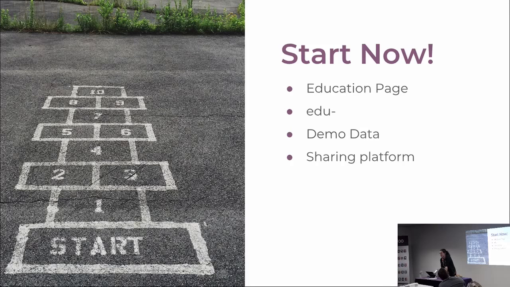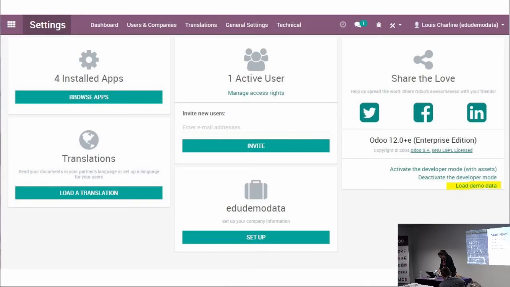some teachers are fine with a brand new database because they ask their students to start creating data themselves, such as products, etc. Others don't want to waste time with that and would like to have demo data they can upload, which is the case now. So now with version 12, as soon as it's created, you can go into the settings, activate the debug mode by clicking on activate the debug mode, and you go back here to settings, and you now have load demo data.